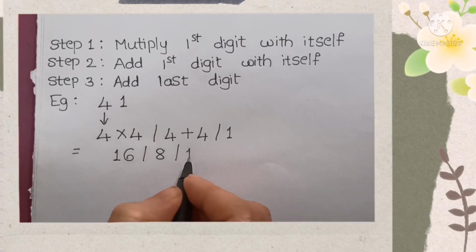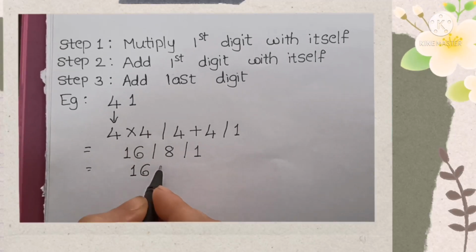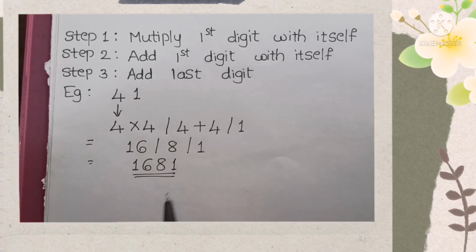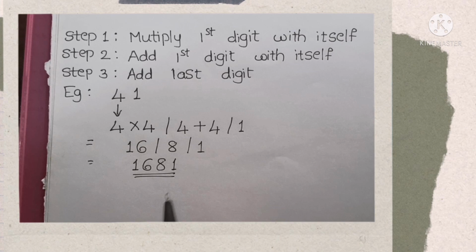So after solving this, we get the answer as 16/8/1. So we have to write it as it is, 16, 8 and 1. But if there will be a second digit after or before a slash, then we have to add the first digit of the number with its previous number.